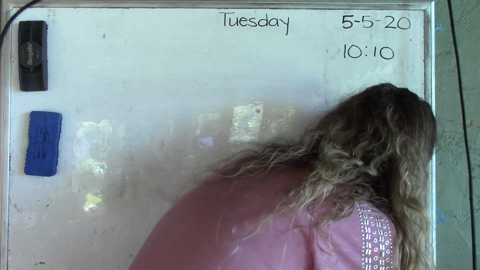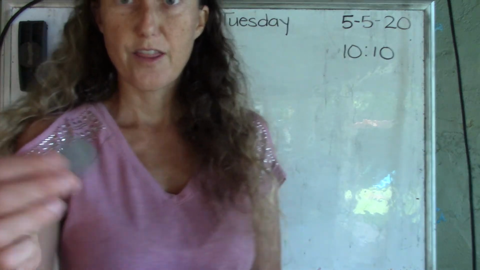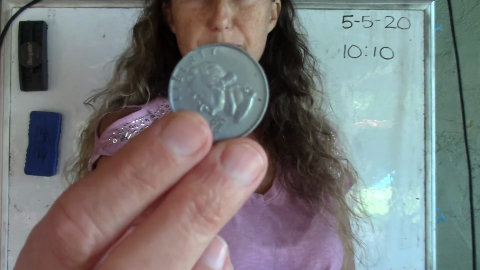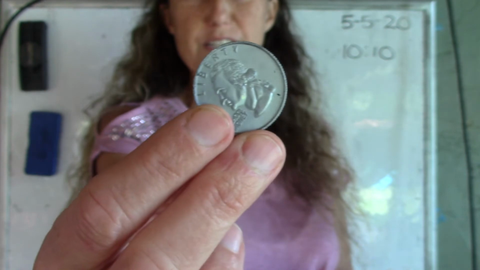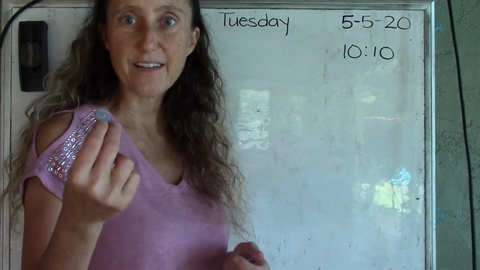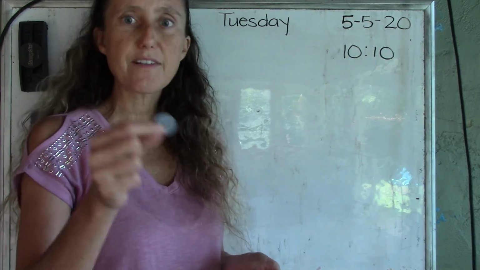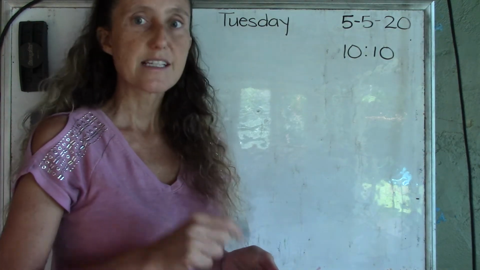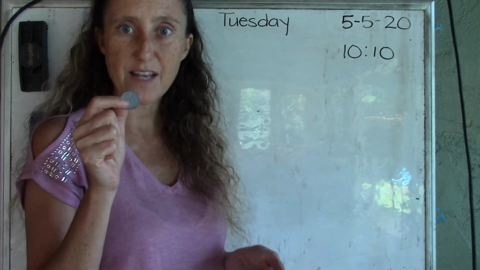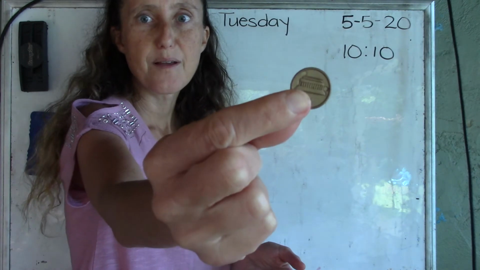Okay, for our money, I have 3 of these. What are those? Quarters. How much are quarters worth? 25. So if I have 3, let's count by 25. 25, 50, 75. I have 75 cents worth of quarters. And then I have these. Pennies.